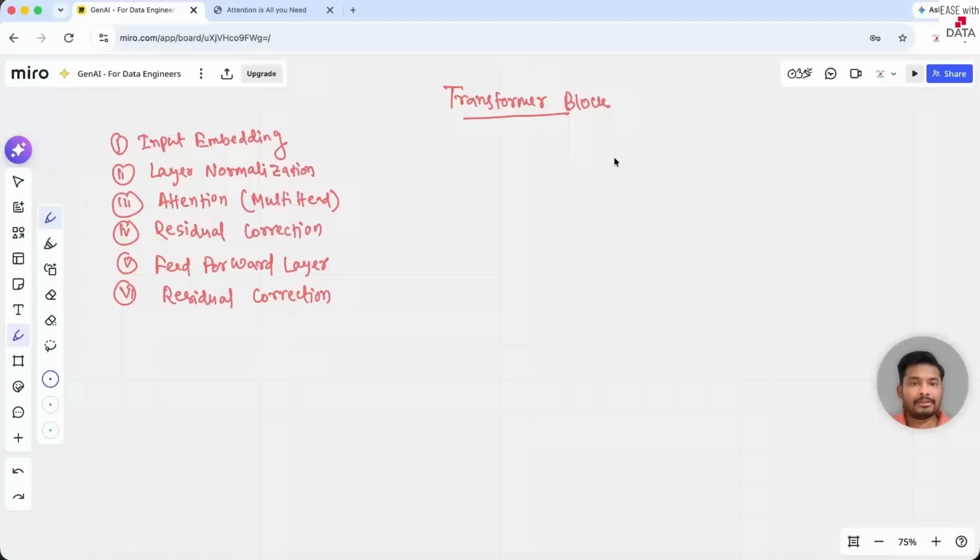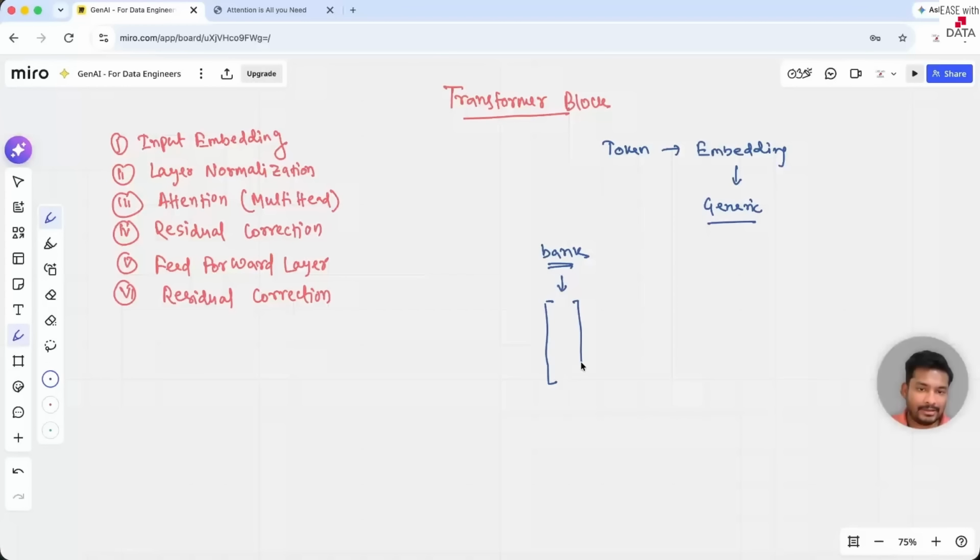Before we start with the transformer block, I just want to remind you of one more thing. Each token that we have is converted into an embedding. And before feeding the embedding into the transformer, it has a generic meaning. If you remember our previous example, which was bank, before this embedding is fed into the transformer, it contains generic embedding values. So it has different values and each value represents a dimension.